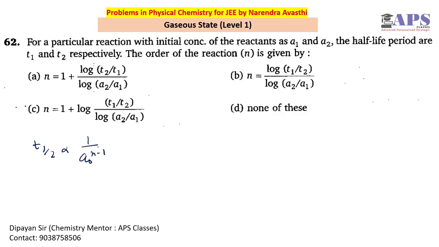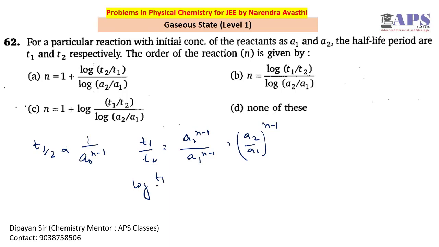So if we have two different T half, that is T1 by T2, we can write (A2 by A1) whole to the power n minus 1. If we take log on both sides, that is log T1 by T2 equal to n minus 1 log A2 by A1.